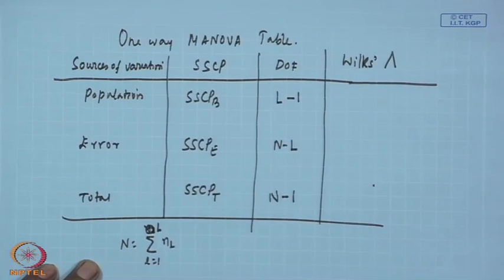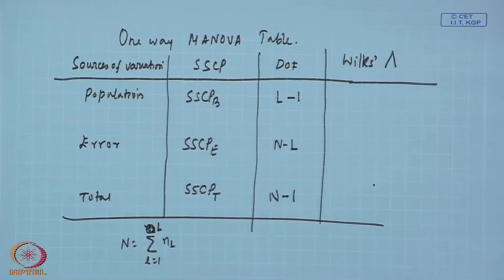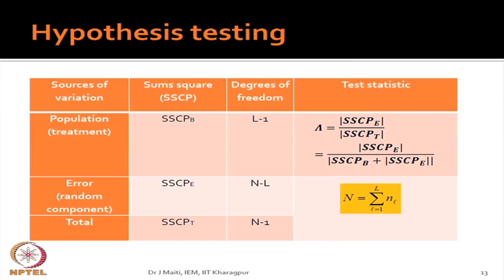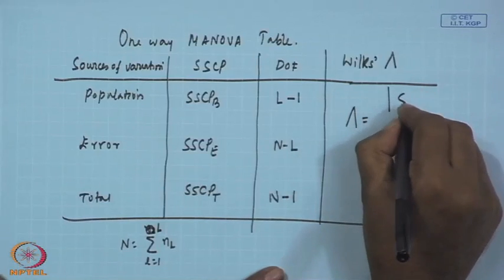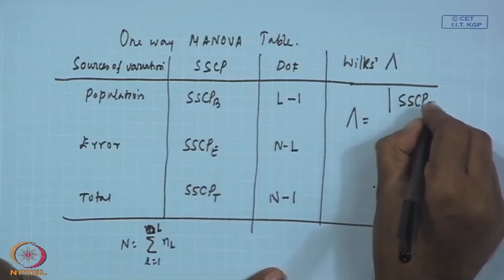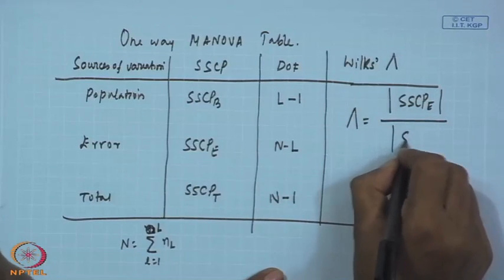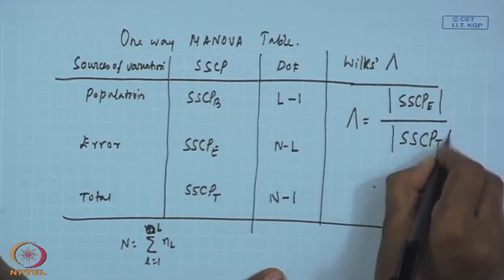Wilks lambda is basically a ratio. This Wilks lambda ratio will be computed, where Wilks lambda is the determinant of SSCP error divided by the determinant of SSCP total.